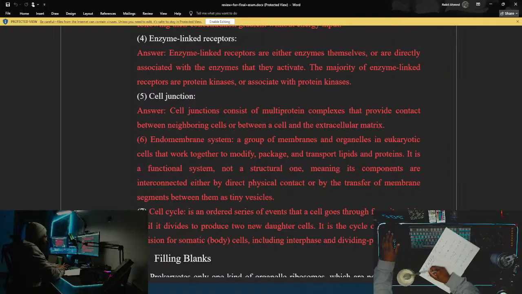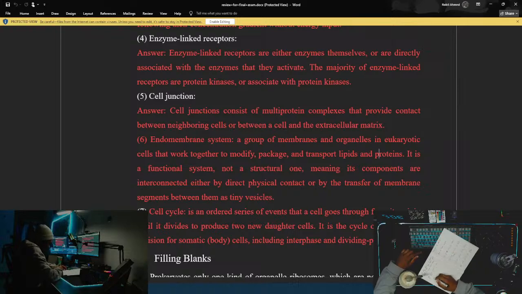Cell junctions consist of multi-protein complexes that provide contact.